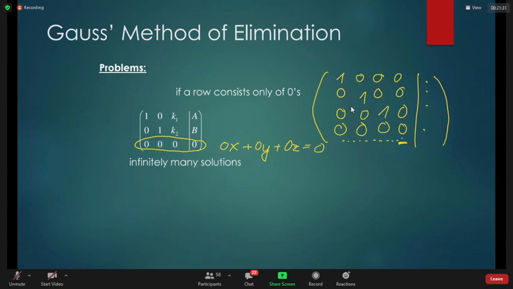What does this mean? This means perfectly nothing, because whatever x, y, z we would take, this would be true. So in fact, this last equation does not give us any information at all. No information at all.